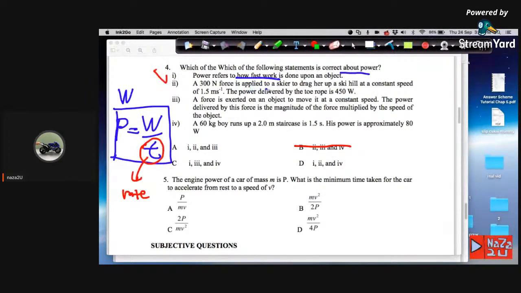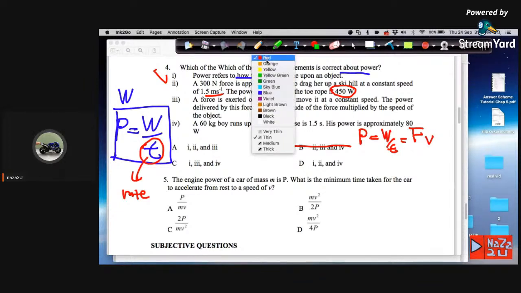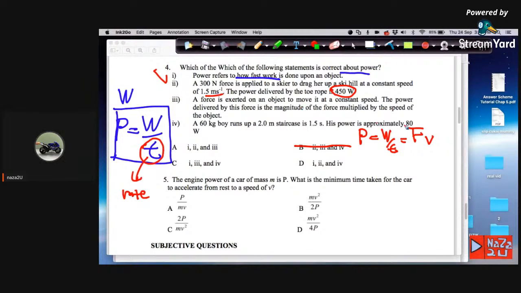A 300 N force is applied to Skya to drag her up the hill at constant speed. The power delivered is 450. If you calculate the power, the first equation is the rate of work done, W over T. Also, you can calculate the power using force times velocity, V. The statement gives the force 300 Newton and the velocity 1.5.